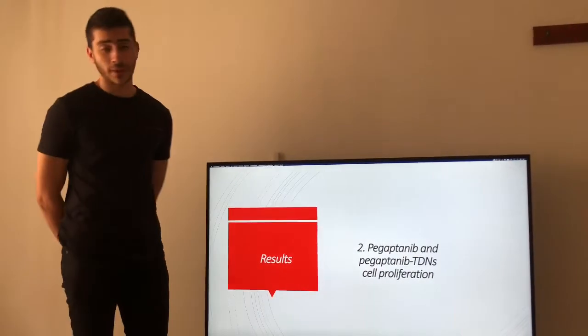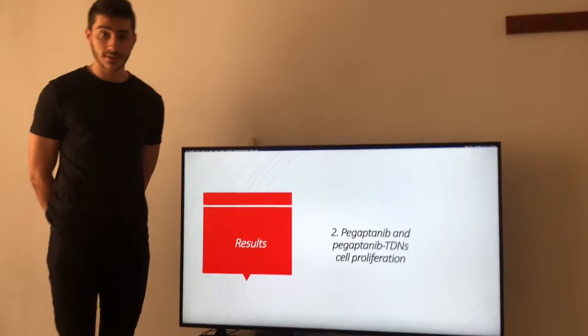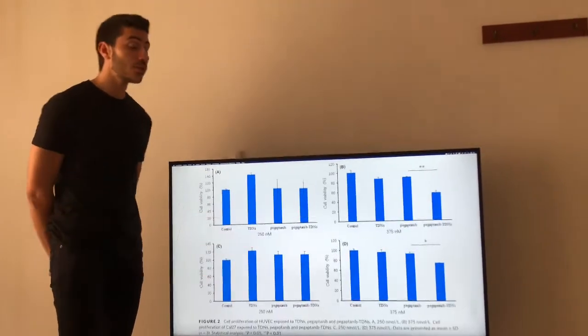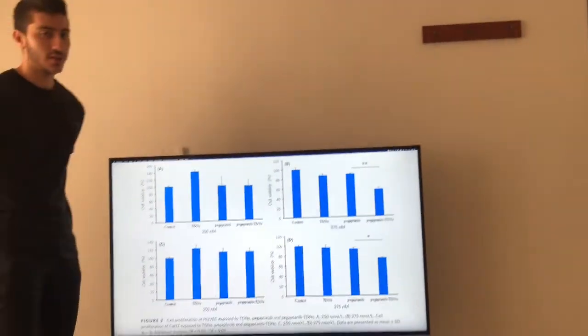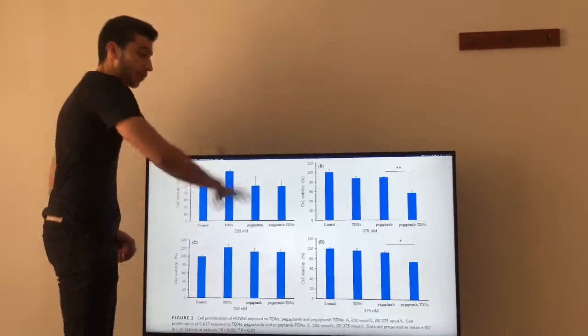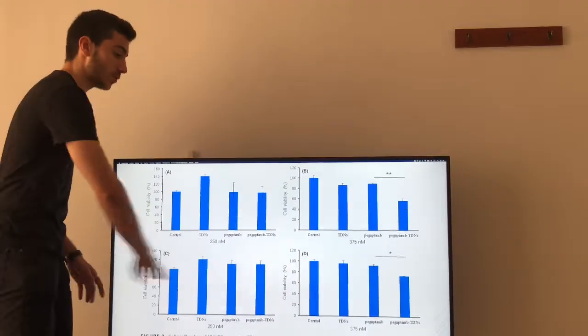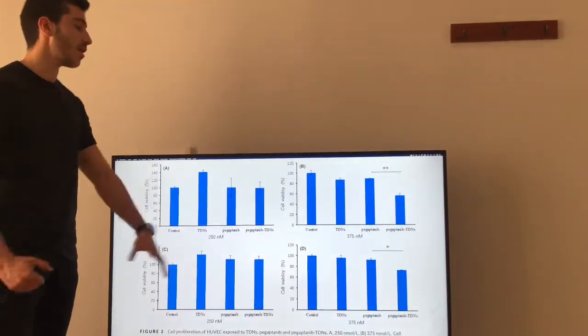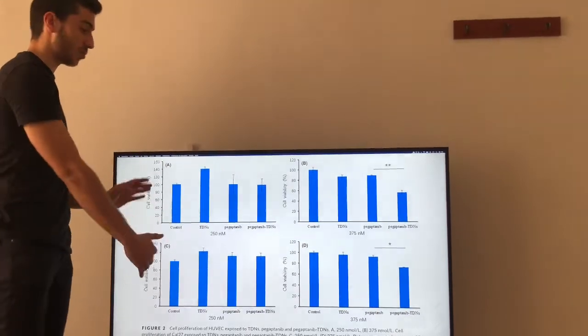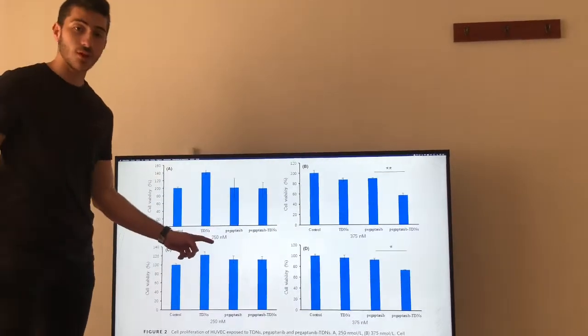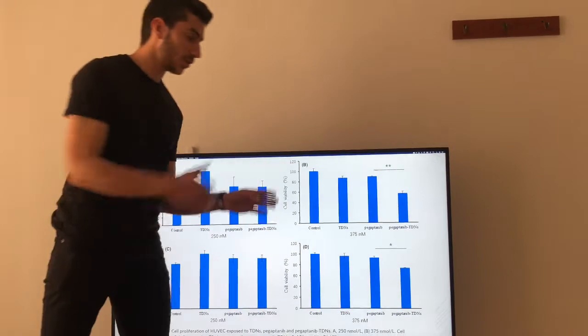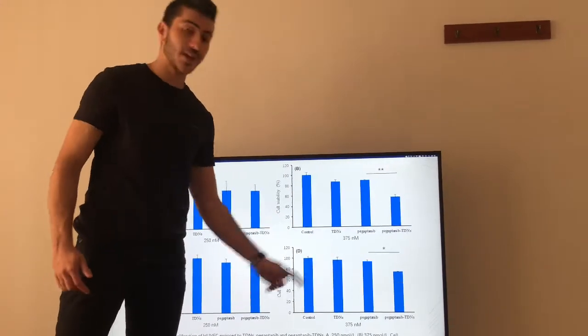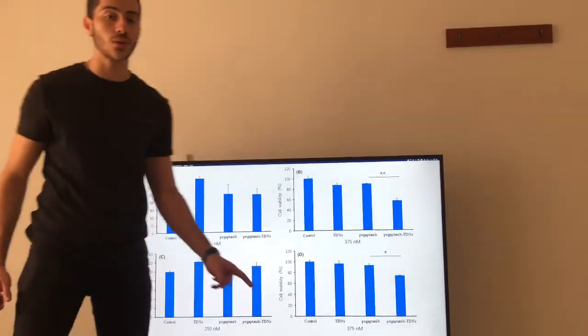The second result showed pegaptanib and pegaptanib-loaded TDN's cell proliferation. In order to understand this image, you have to separate it in four. The first two on top represent HUVEC and the first two below represent Cal27 cells. The first two graphs to your left represent the medicine at a 250 nanomolar concentration, and the other two graphs to your right represent the medicine at a 375 nanomolar concentration.